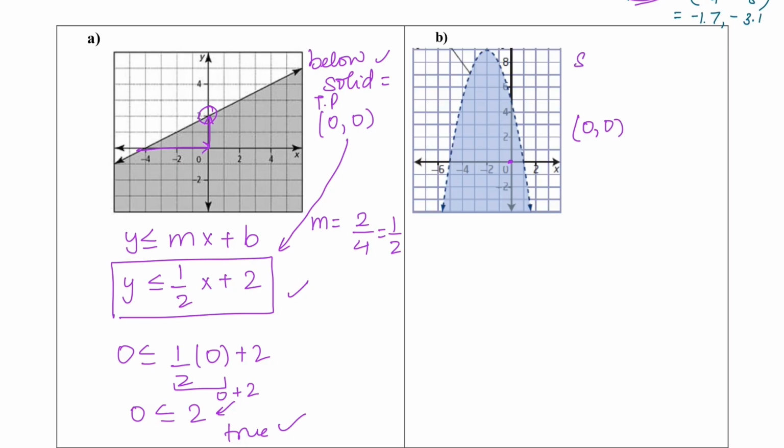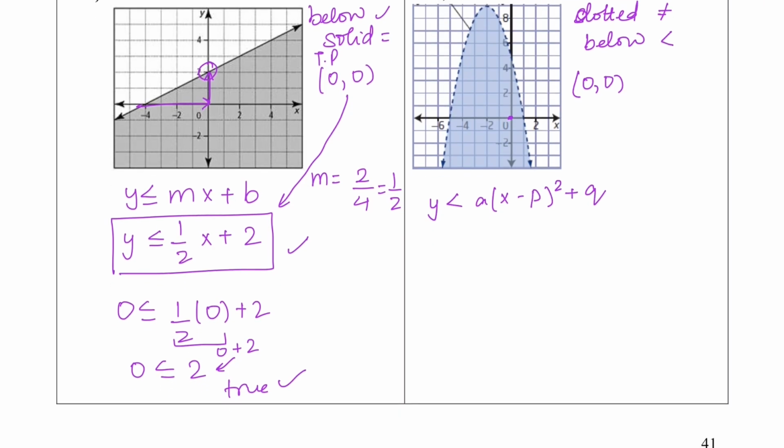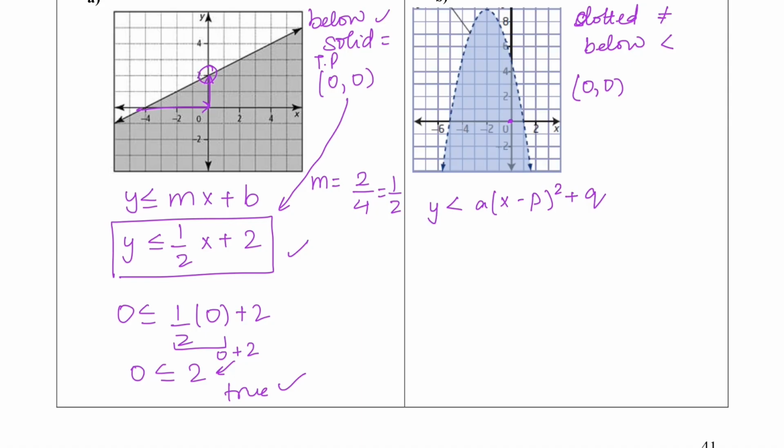Again, test point can be 0, 0. I have a dotted line and it's below. So not equal to, below, y will be less than. I can just figure it out in my vertex form, right? a times x minus p whole squared plus q. Don't forget about the whole squared. So p and q is my vertex, right?